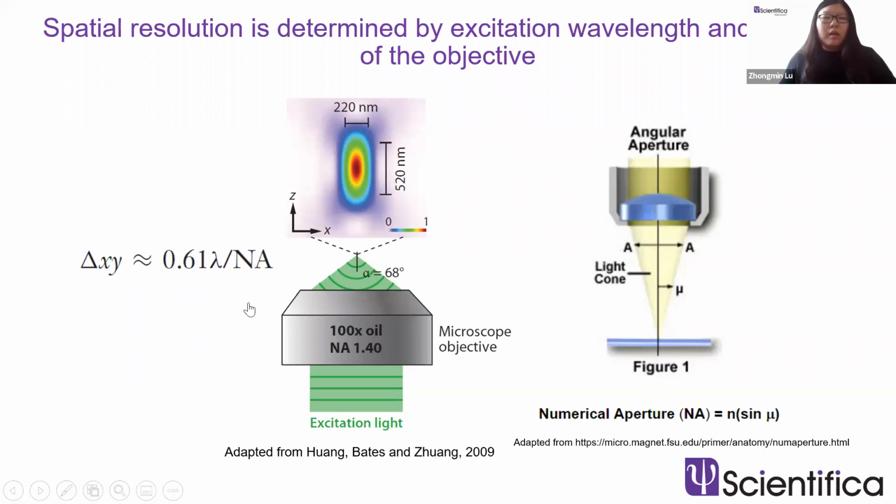That means if you want high spatial resolution, good enough to resolve fine structures like synapses, you can play with the numerical aperture, whereas you can still use 920 nanometer, this long wavelength, for the imaging. And I will further explain in detail and talk about Nyquist sampling principles. And hopefully I can convince you that it's not always necessary to push the boundaries of the spatial resolution of a microscope.